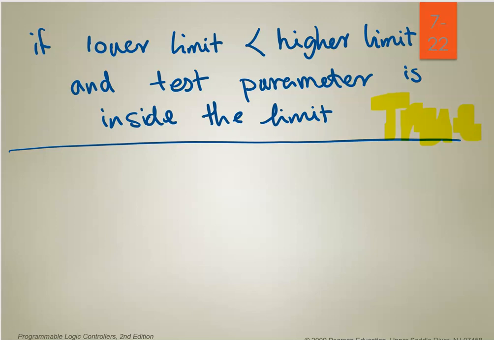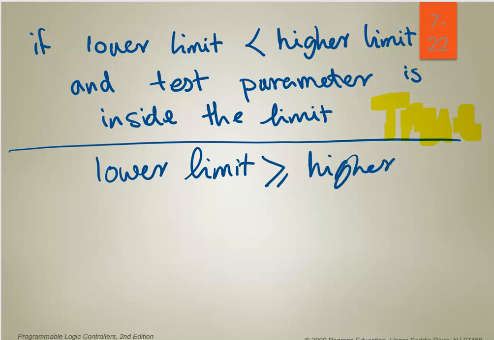The second scenario is that, let's assume that for some reason your lower limit is greater than or equal to your higher limit. In this scenario, your test parameter should be outside of the range in order to have a true statement.